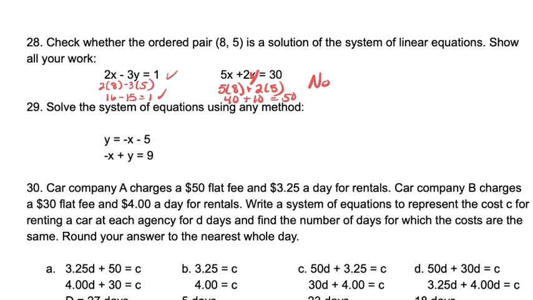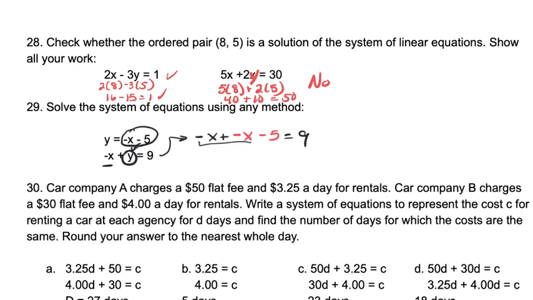Problem 29 here, solve the system any way you want to. Since this first equation is solved for y, I'm going to use substitution. So here's the second equation, negative x plus, I replace the y with negative x minus 5, and then that equals 9. So it's just this equation with the y replaced.